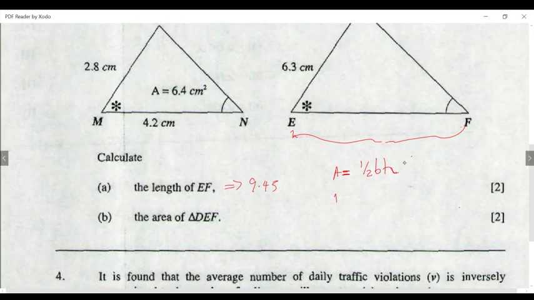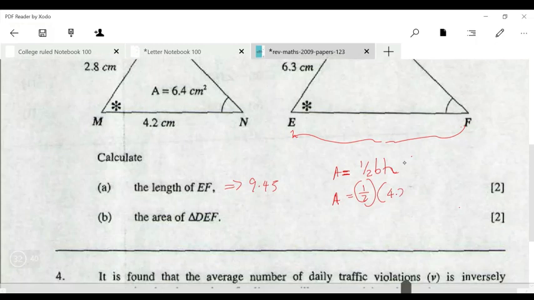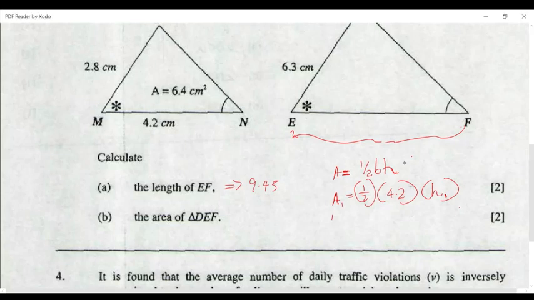So the area for the first triangle is going to be half, and then the base is 4.2, and then you also have some height 1. For triangle 2, it's half, and then we just found this bottom base. It's 9.45 H2.